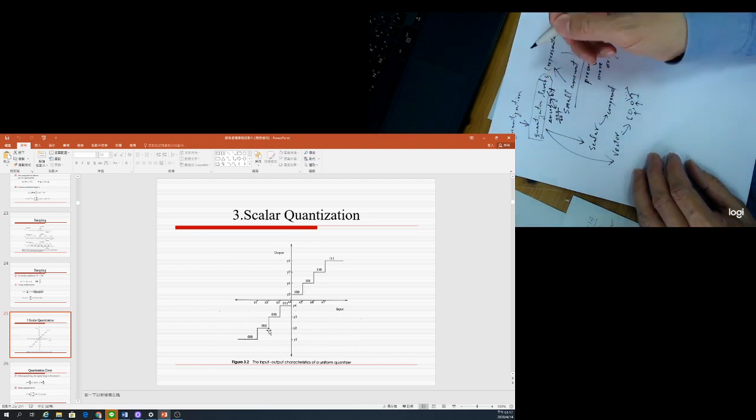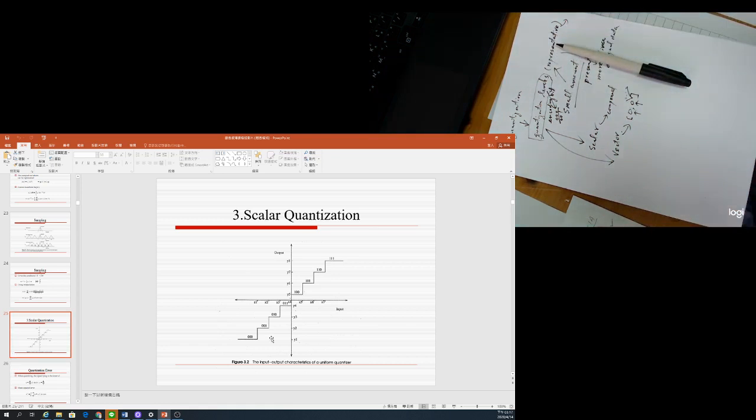In this example, we have a total of 8 levels, so the encoding uses 3 bits. Each code is more like a memory address or memory index, however the content can be one specific value. So the encoding bit is not equal to the quantization value.